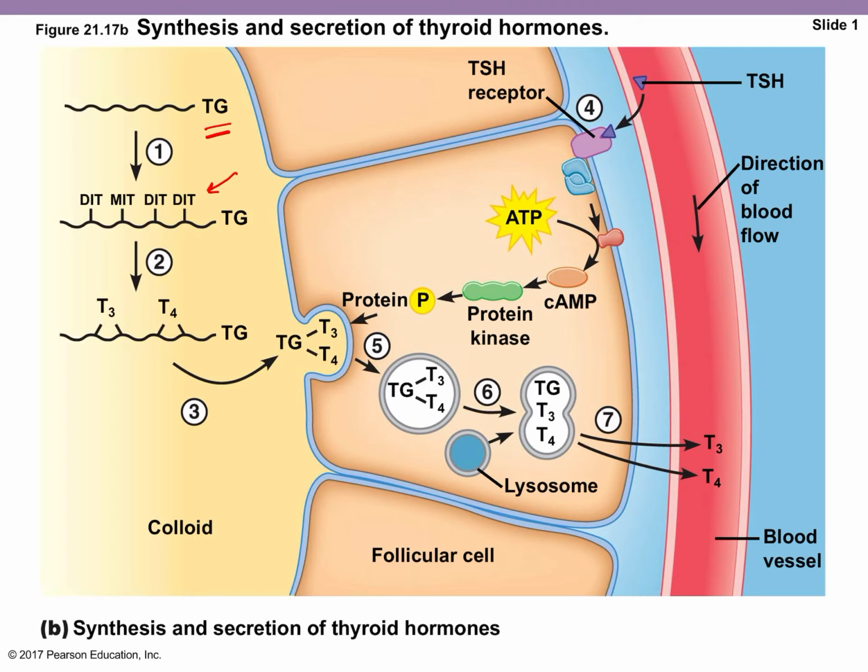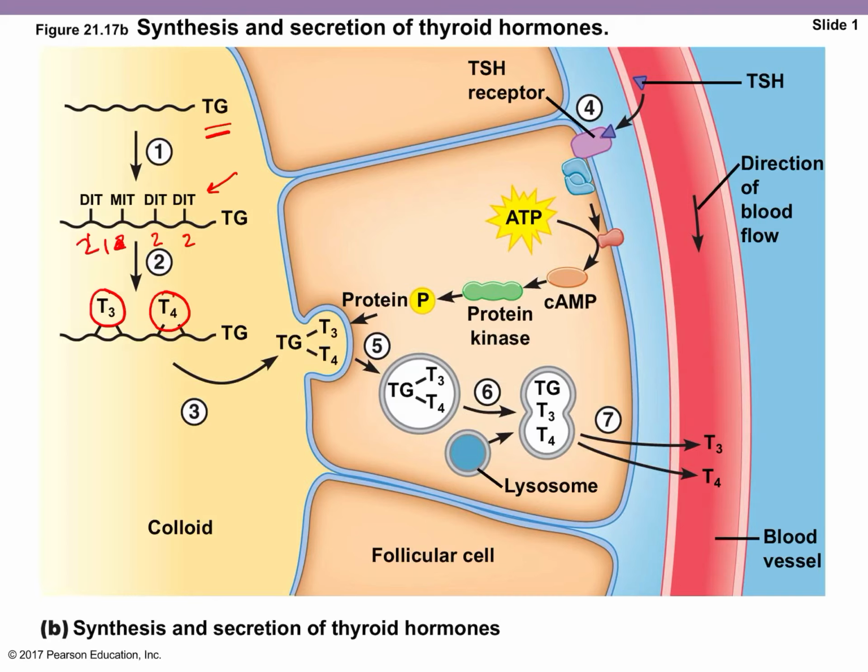They actually form a covalent bond. So the tyrosine residues form covalent bonds, and if two DITs, right? They're two iodine, then you're going to make T4, tetraiodothyronine, or thyroxine. And if there's one iodine and two iodines, that's going to make T3. Okay. So T3 and T4 are your thyroid hormones, but they are stuck in the colloid bound to thyroglobulin.